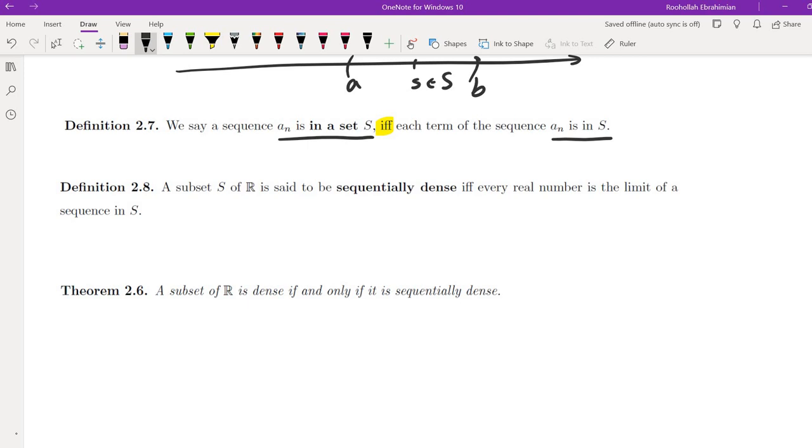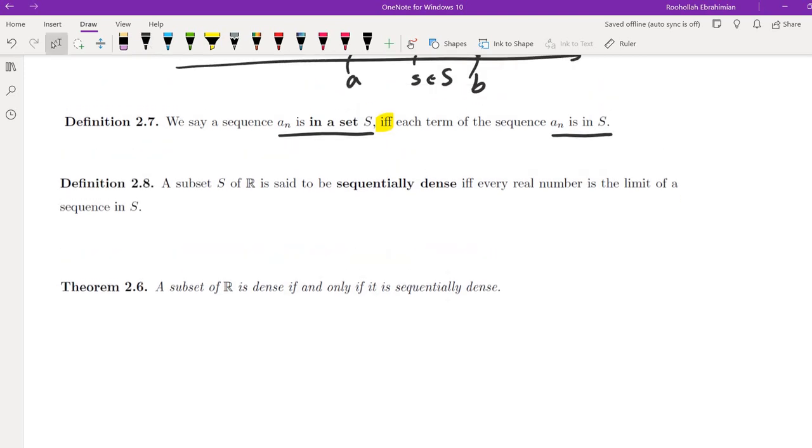So the next definition is the definition of sequentially dense subsets of R. A subset S of R is said to be sequentially dense if and only if every real number is the limit of a sequence in S. So if I can find a sequence in S that approaches any real number, for every real number, then we say S is sequentially dense.